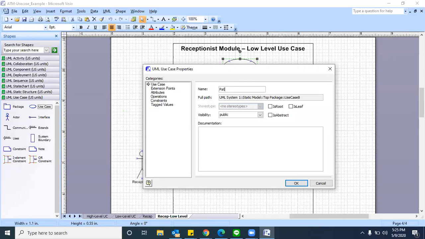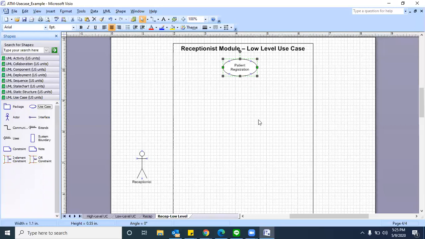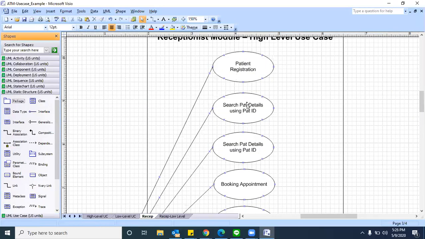If yes, then no need to register again, right? There are two dependencies. For patient registration, first we have to check if he is already available. So the second use case you also need is to check availability, which we will do using searching patient details. That's a separate functionality for us.